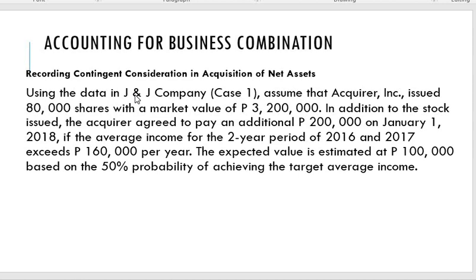So, yung expected value natin is 100,000 since based on probability, 50% of achieving the target average income. So, yung based on probability daw, yung 200,000 na payment, may 50% probability, no, na ma-achieve yung target. So, in this case, we'll consider the expected value, not the agreed payment, which is 200,000. No? Okay, so we shall be using 100,000 instead of 200,000.